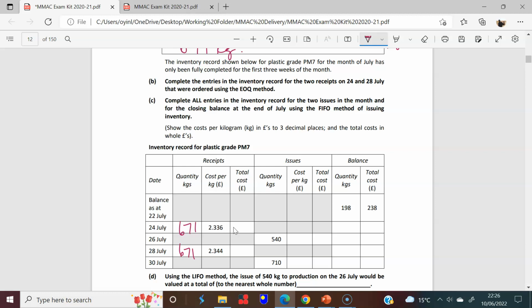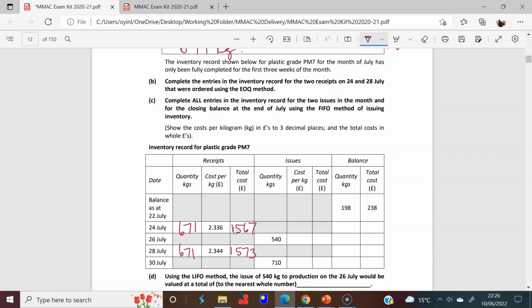This is £2.336. Let's find that very quickly. 671 times 2.336 is 1567. I'm just going to round it, but again, my rounding might not be the same as yours. And again, here I have 1572, so I'm just going to round that to 1573.